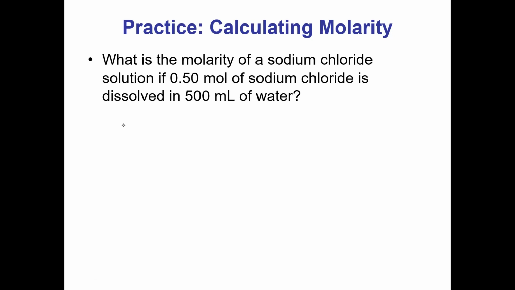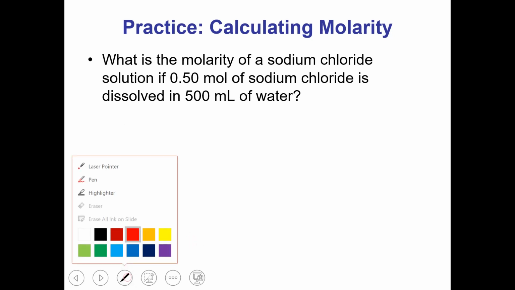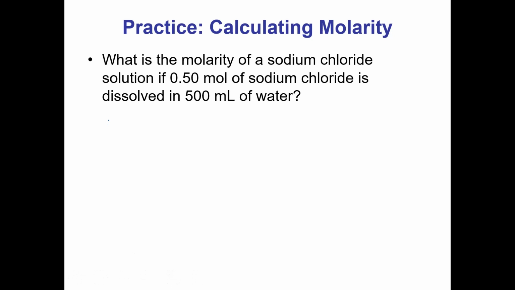So we have 500 milliliters of water, and we know that there are 1,000 milliliters per liter. So if we divide 500 by 1,000, we come up with 0.5 liters.